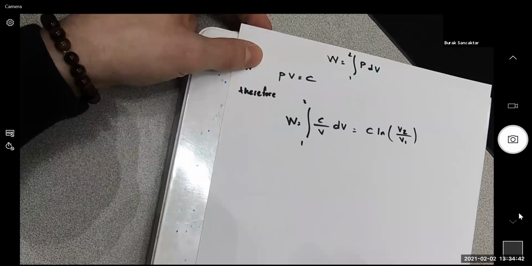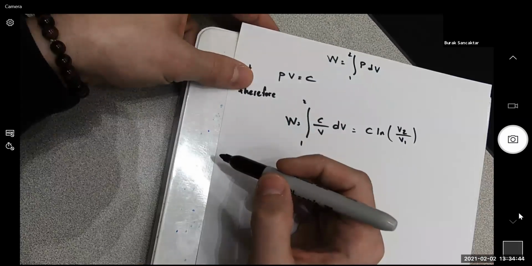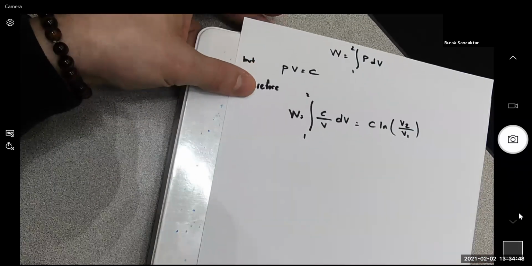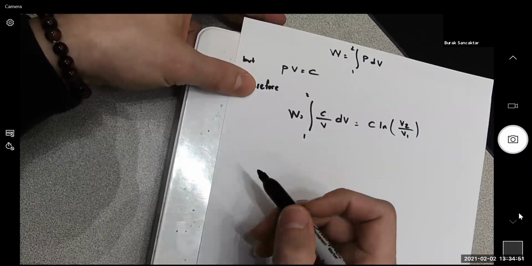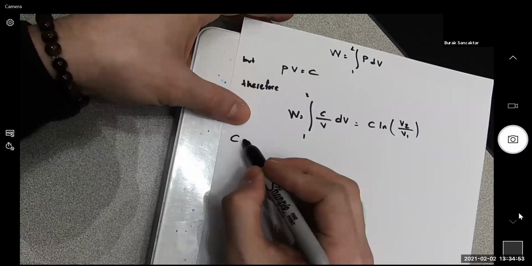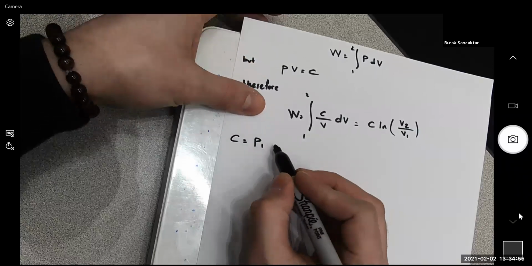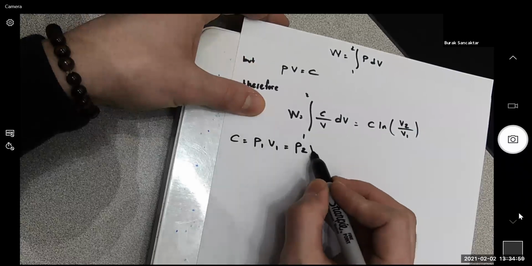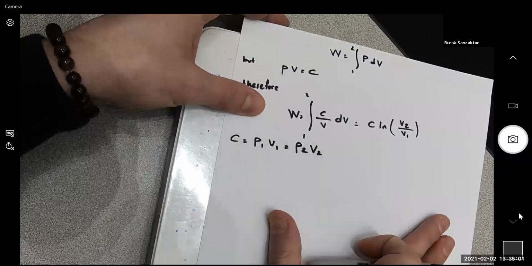From the relationship, constant equals P1 V1, which is equal to P2 V2 for this particular question.